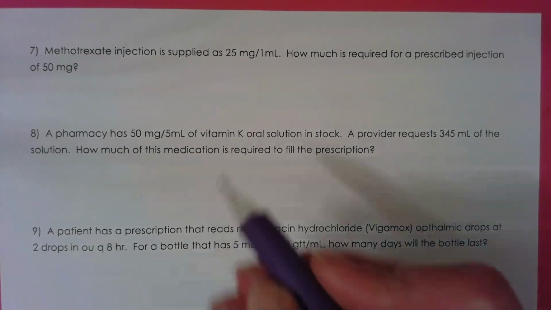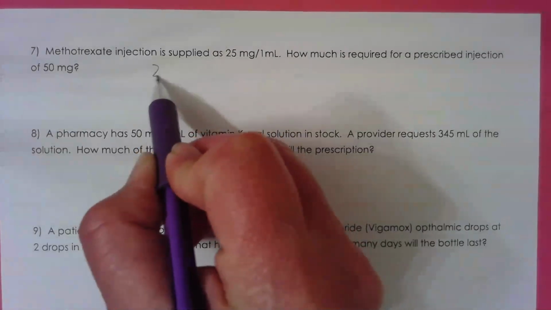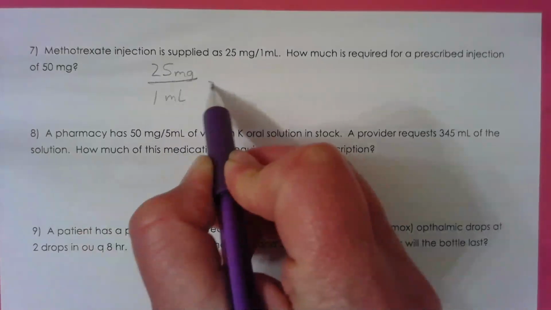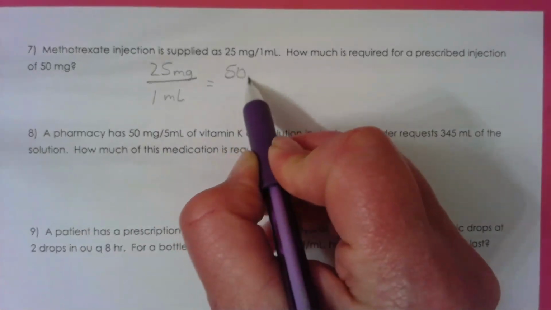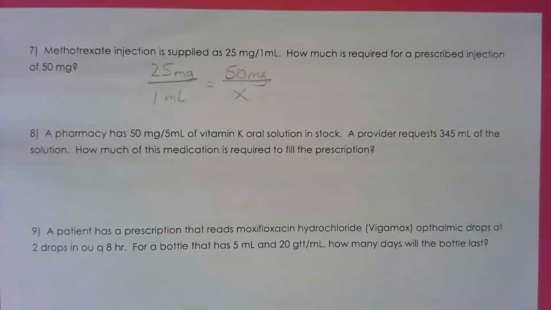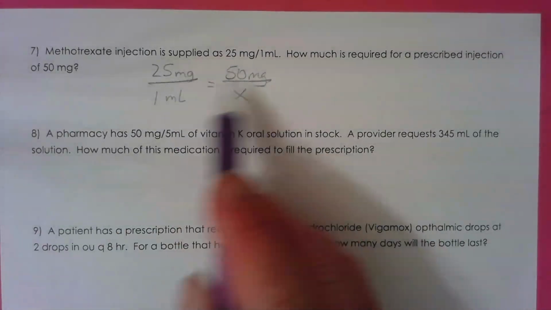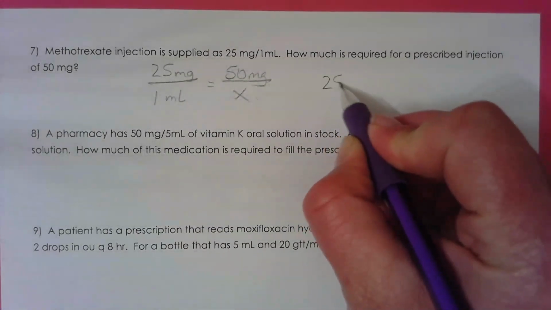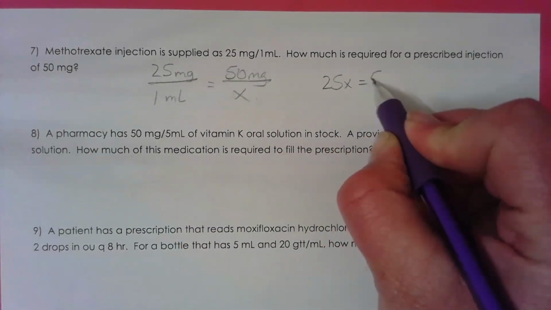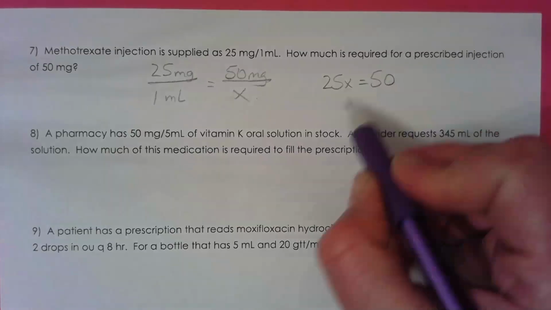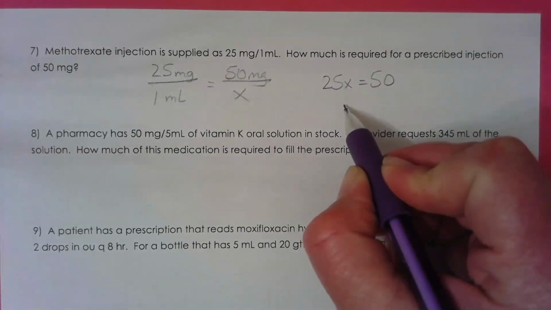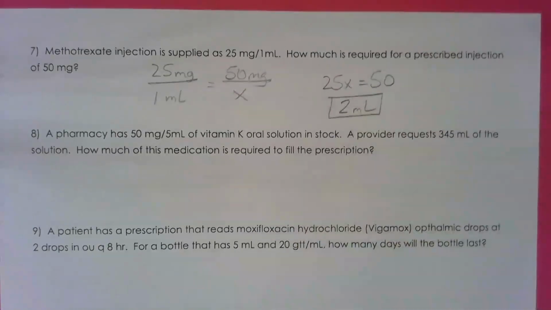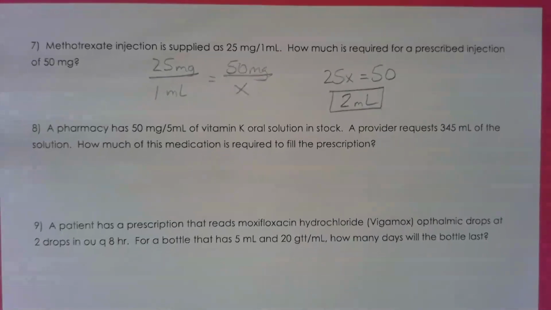What we're going to do is take your 25 milligrams in 1 milliliter, and figure out how much 50 milligrams is in your X. Remember your milligrams, milliliters, and then we just do the math. 25x equals 50. You do the dividing, and that's going to equal 2 milliliters. Yep.